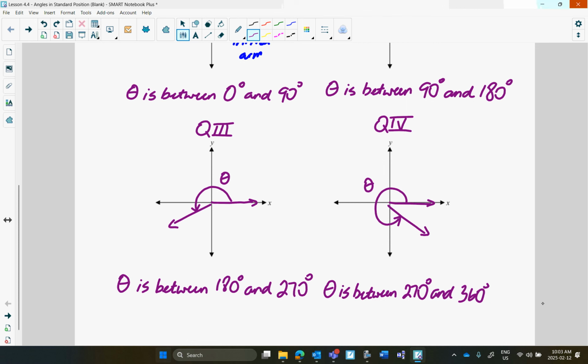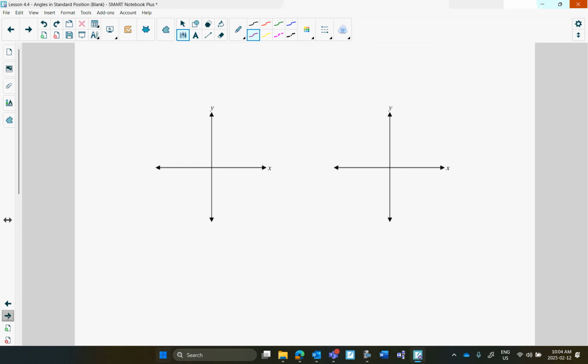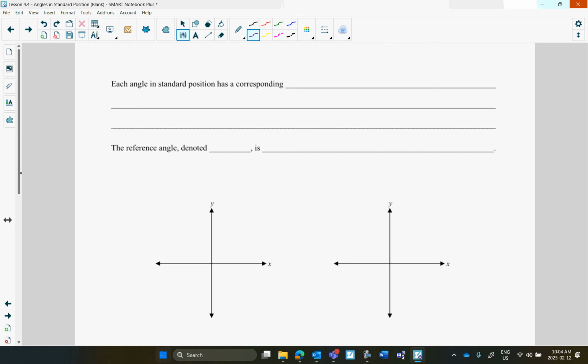The second step: every angle that we draw using a coordinate grid, doesn't matter if it's quadrant 1, quadrant 2, quadrant 3, quadrant 4, has what's called a corresponding reference angle.